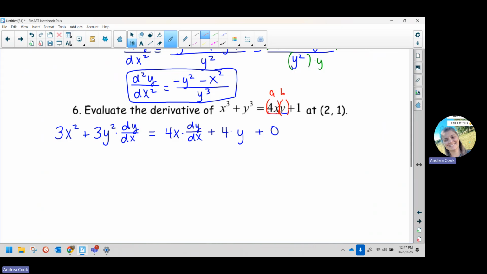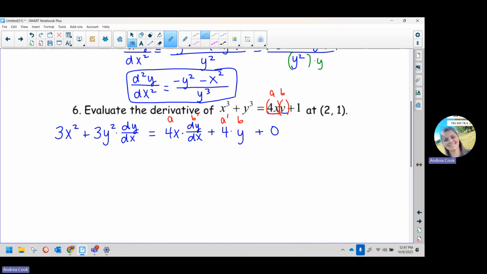So this is A here, this is B prime. This is A prime times B. So that's the product rule that usually students will forget. When you see XY, you have to do product rule.